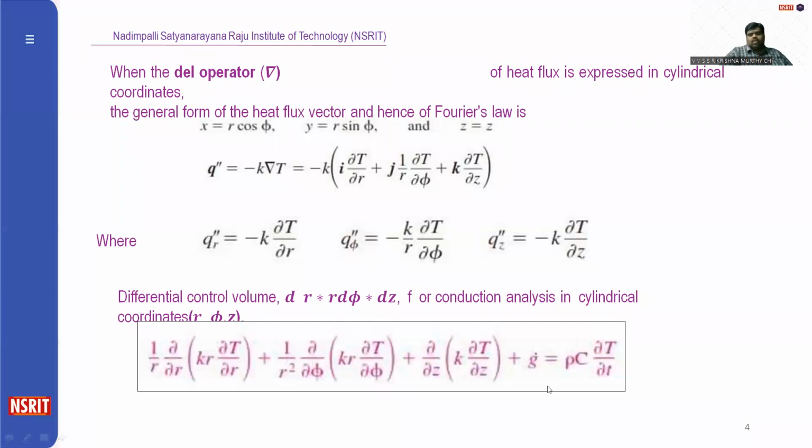With respect to volume, I am taking the entire dr dz d phi as constant, so I can remove it. So this is your generalized heat conduction equation in cylindrical coordinates.